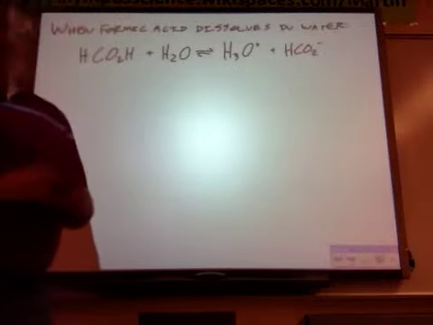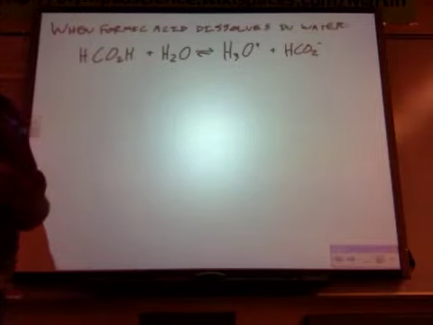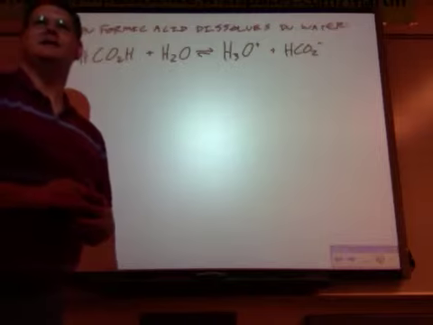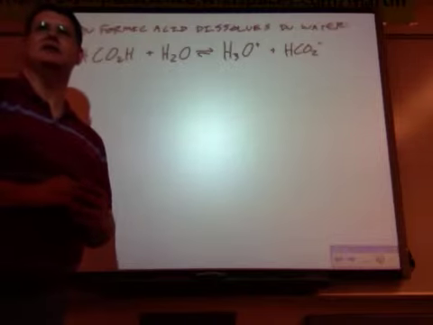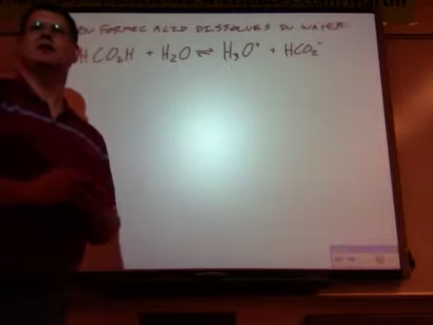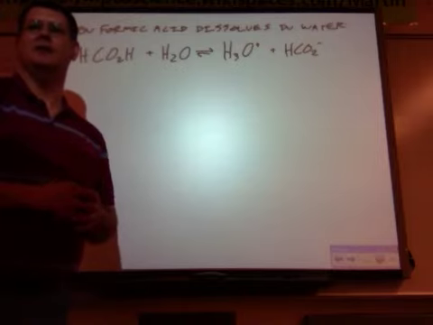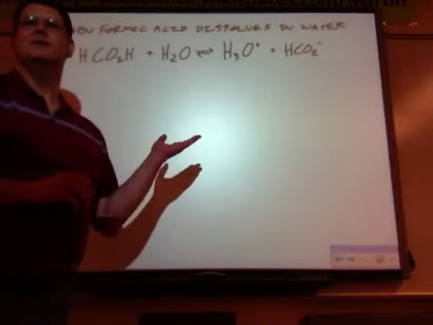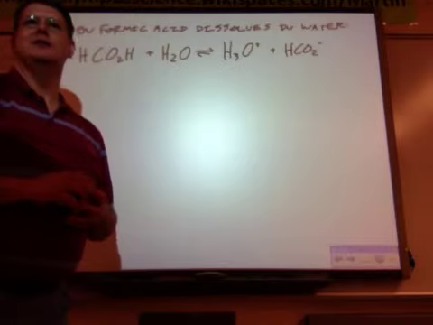Okay? So, what are the significant species in this reaction? What are the things whose concentrations we're going to have to take into account to determine what we need to know about this reaction?